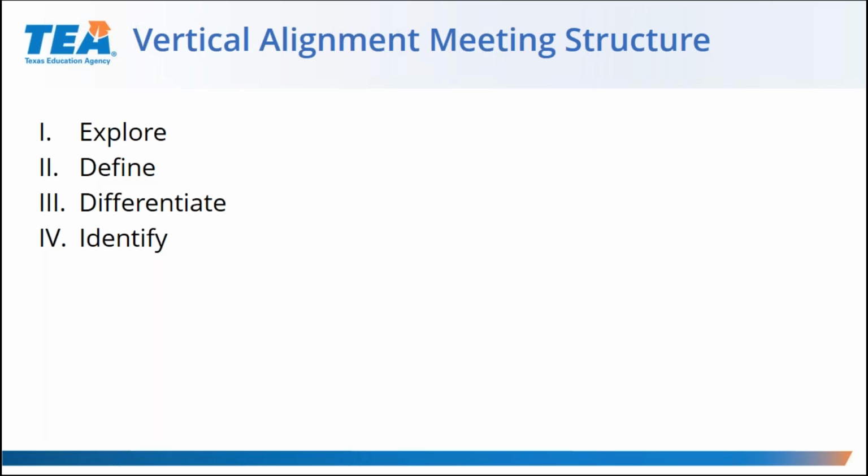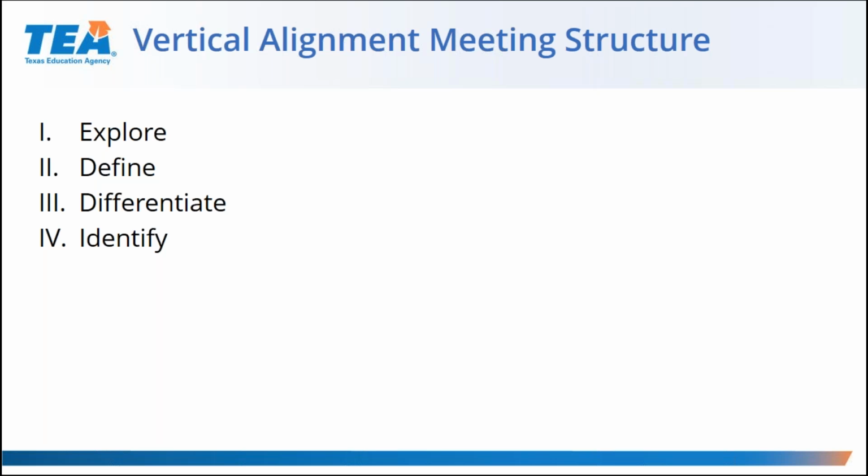After you have that set definition that's been jointly agreed upon by pre-K and kindergarten staff, you then want to figure out, how do we differentiate this between pre-K and kindergarten? Does it need to be differentiated? Sometimes it should look exactly the same in both grade levels. Sometimes we'll choose to look at a vertical alignment document that includes both the pre-K and kindergarten standards to see, is there a continuum of how that skill progresses, and then drawing some distinct lines about what will be considered most appropriate for pre-K and what is most appropriate for kindergarten.